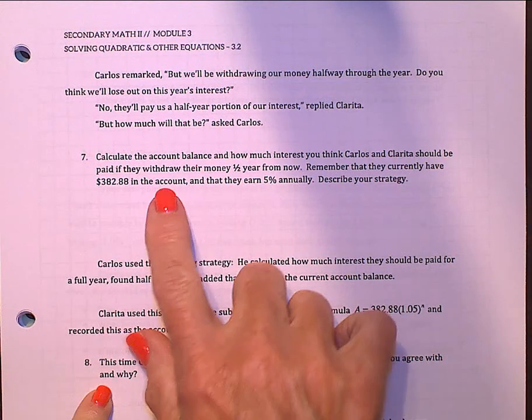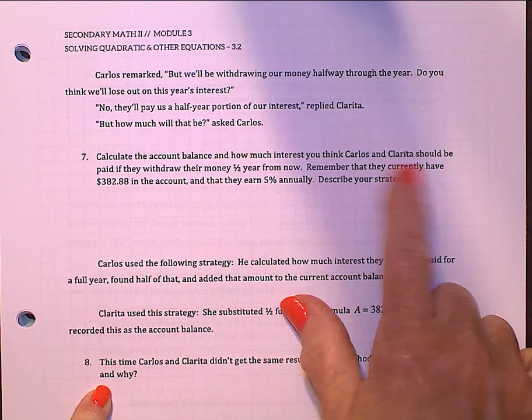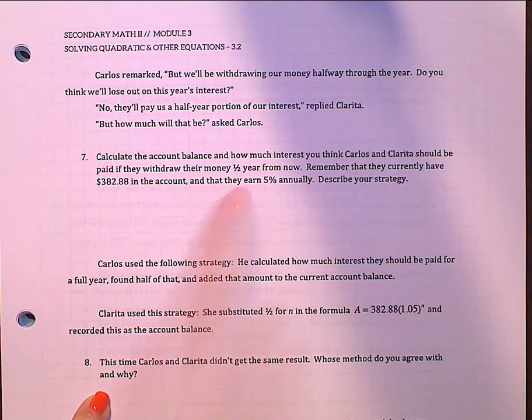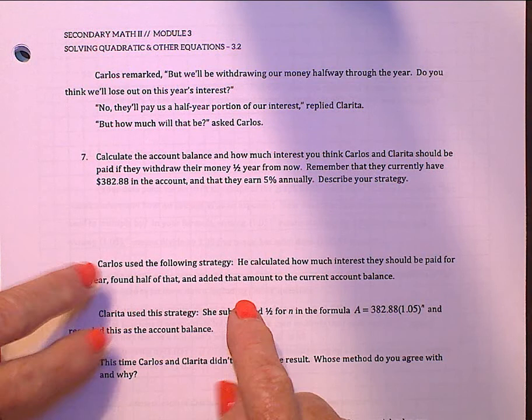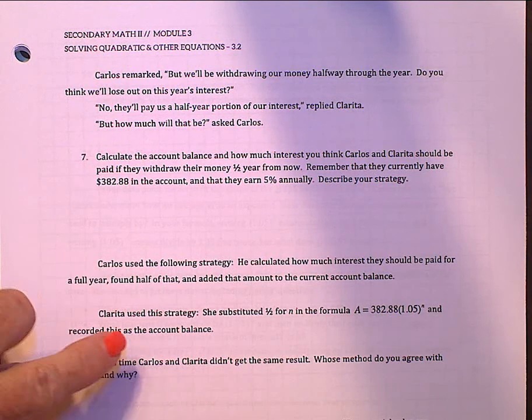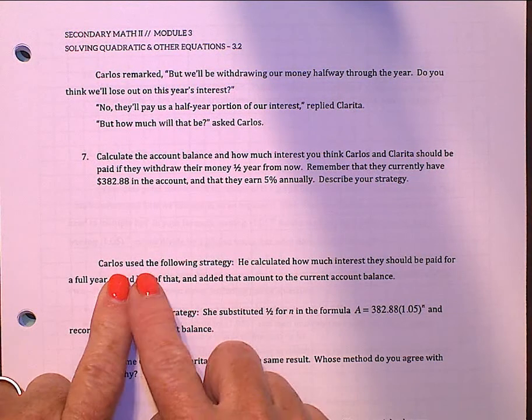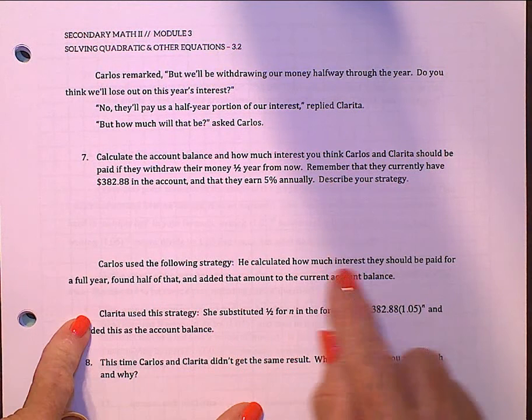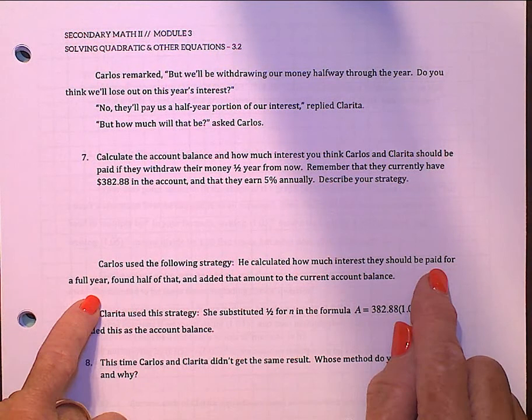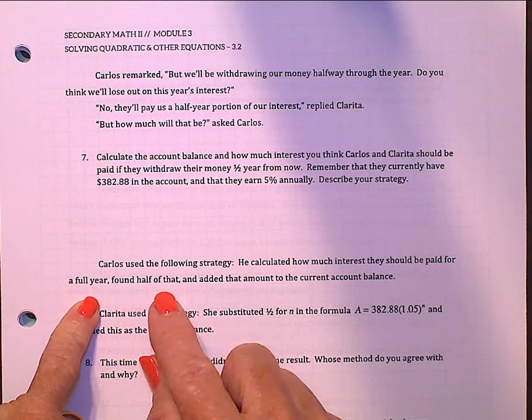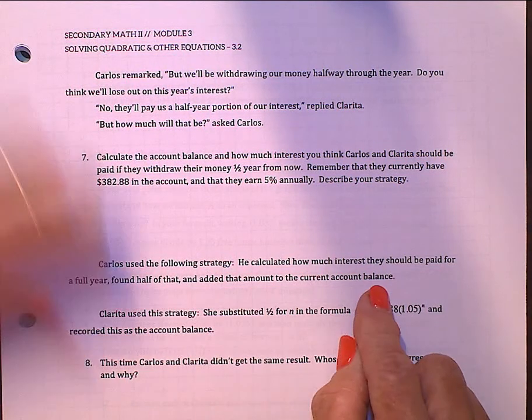We have to calculate the account balance in 2 different ways if they withdraw their money a half a year from now. We're going to come right down here and talk about what Carlos did and what Clarita did. So Carlos calculated how much interest they should be paid for the full year, took half of that, and then added that amount to the current account balance.